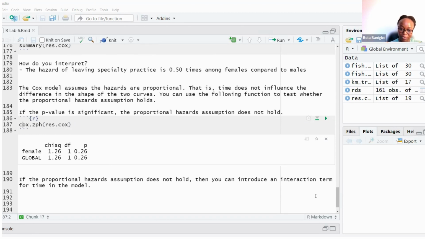So our null hypothesis is that the hazard ratios between the two groups are equal.